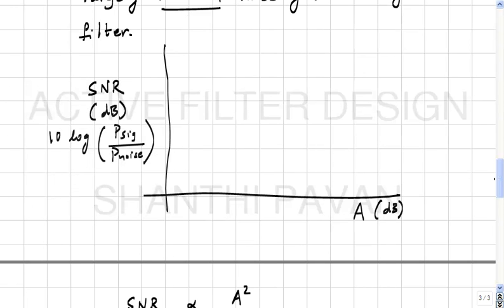So if I plot the input amplitude in dB versus SNR in dB, what will I get? I'll get a straight line, and the slope of that straight line would be 1. This is provided the linear range of all the transconductors is infinite.